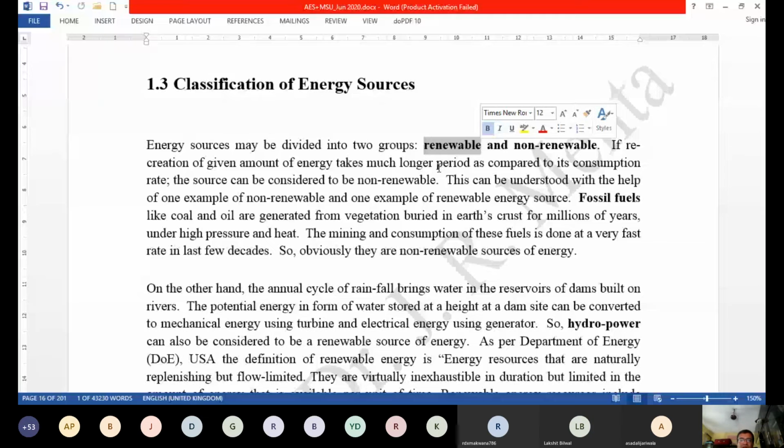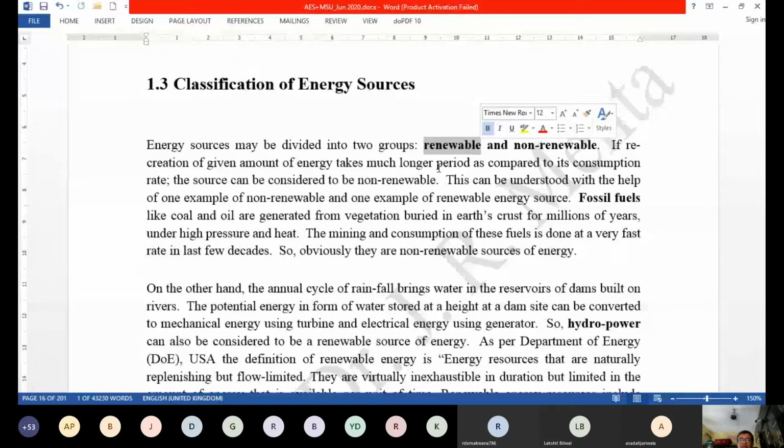It's renewable in a way because you have a certain cycle of rain, water coming to the rivers and getting stored in the reservoir, and you produce the power. Again, it goes back to the sea, again evaporation and cloud formation, and again rain. So in a way it's renewable.